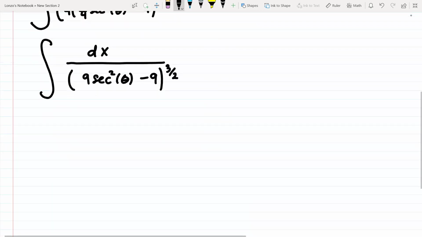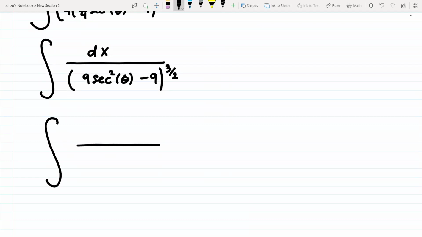Okay, so on the bottom, what can you do? You can factor out a 9, so this would be 9 times (secant squared theta minus 1), raised to the 3 over 2.